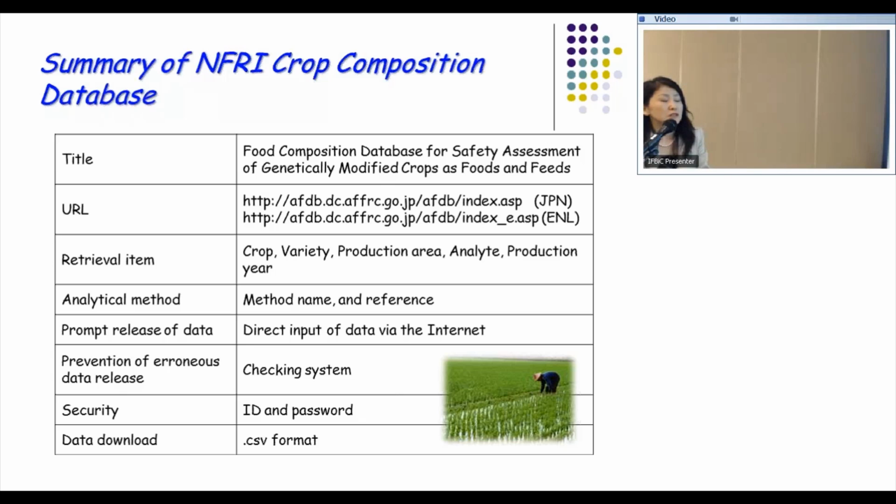But at the same time, in order to prevent erroneous data release, checking is run before the data release. Also data are protected by ID and password. And for users, the data can be downloaded in a CSV format.